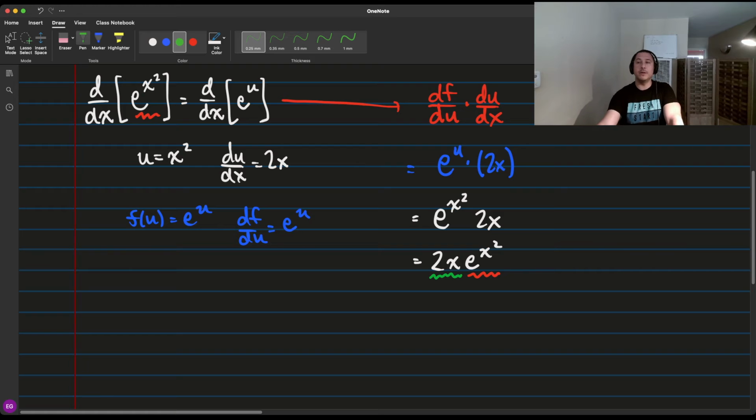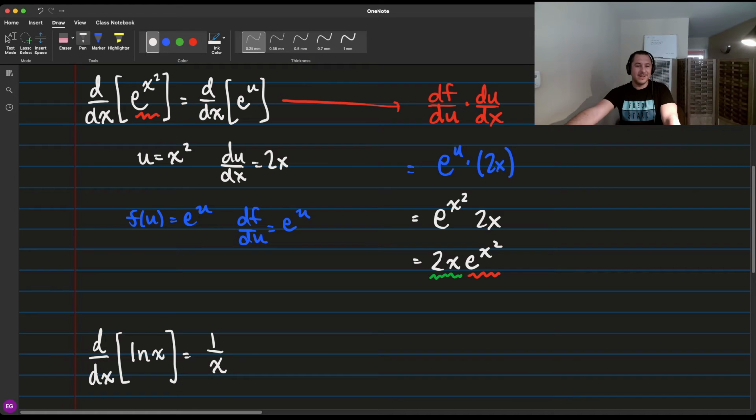Now we're going to talk about what if you want to take the derivative of a logarithm, base e. So the derivative of natural log x is, and this is pretty simple, 1 over x. So that ends up working really nicely.